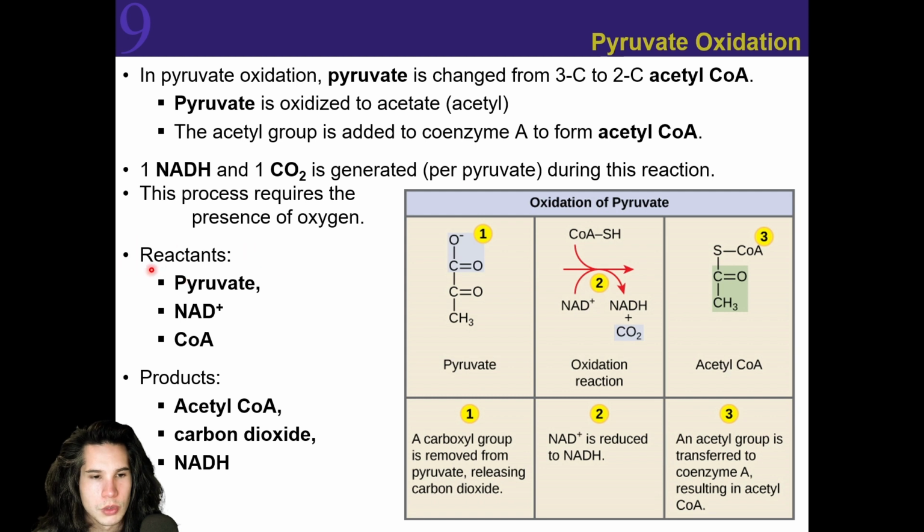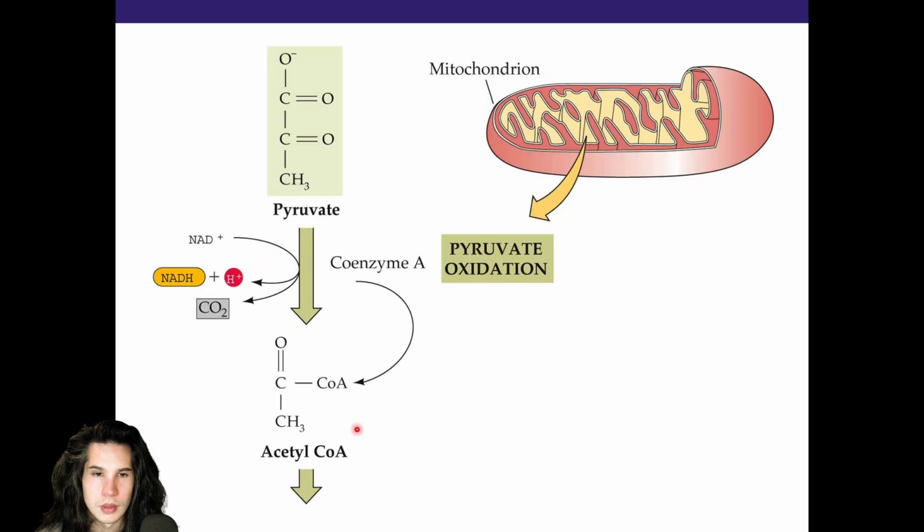Okay, so moving on, the reactants going into pyruvate oxidation are pyruvate, NAD+, and coenzyme A. The products are going to be acetyl-CoA, carbon dioxide or CO2, and NADH. So here's your 3-carbon pyruvate.